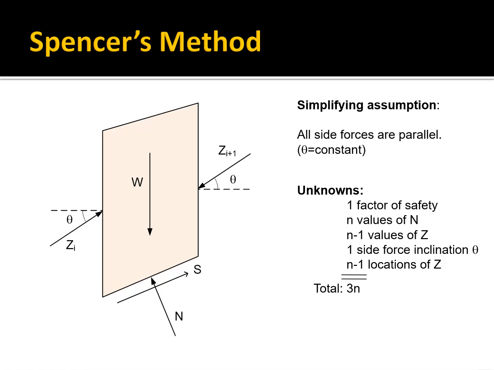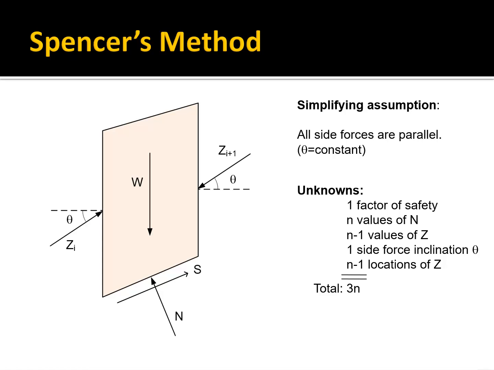So, Spencer's method. This is the most common and most popular of the complete equilibrium methods. And with Spencer's method, we represent the side force as a resultant Z, acting at an angle theta. And the simplifying assumption we make is that the side forces are parallel.